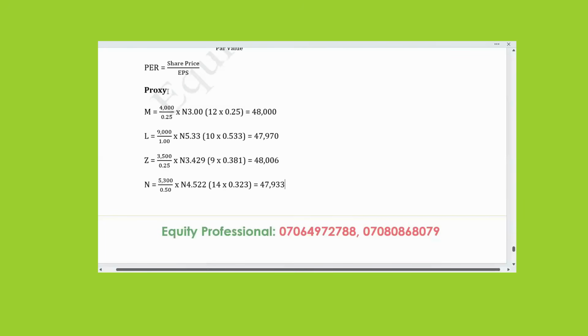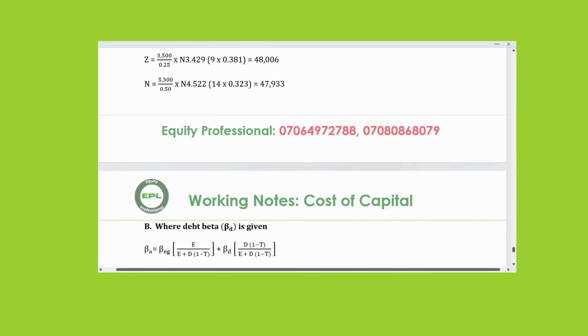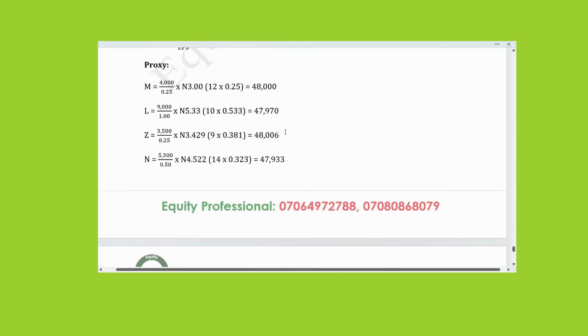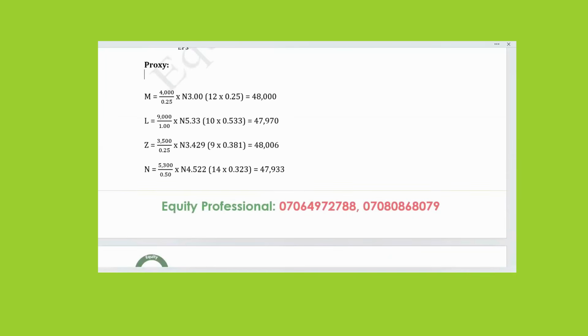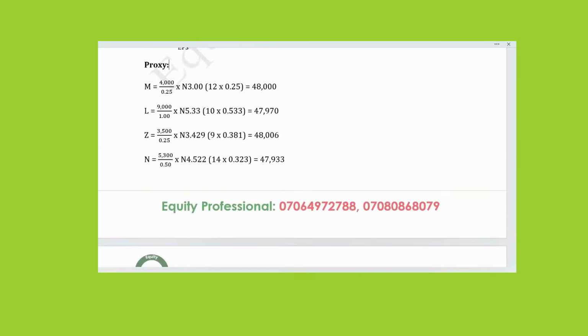We have calculated the market value of equity of the proxy company. So let's determine the total market value of equity of the proxy. Total equity value.